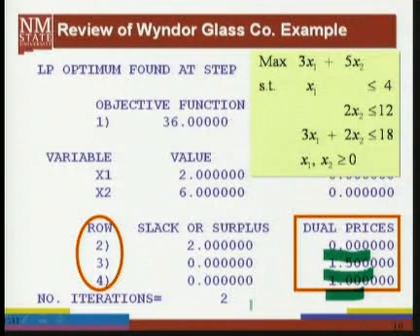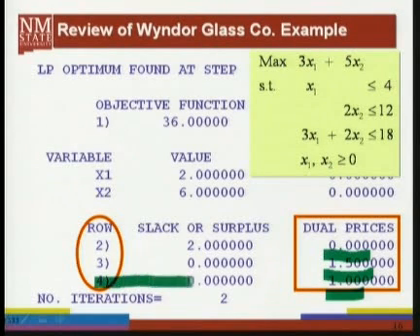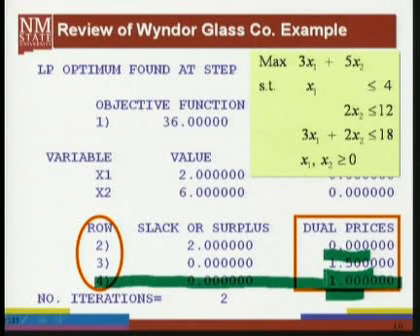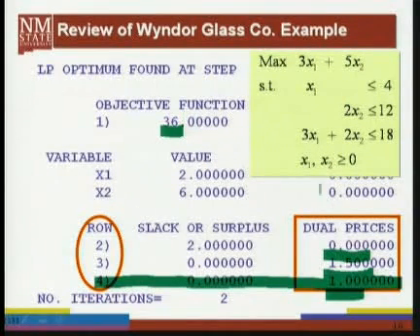So these tell us that if the right-hand side value of the last constraint, for example, is increased to 19 from 18, then the objective function value becomes 37 instead of 36, right? Because the objective function value will be increased by this much, the dual price. Is that right?